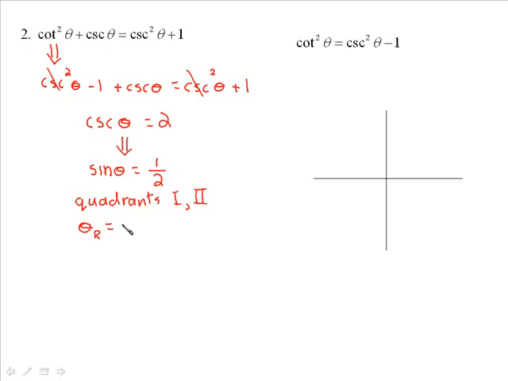And the sine ratio is equal to 1/2 for an angle of pi over 6, or 30 degrees.